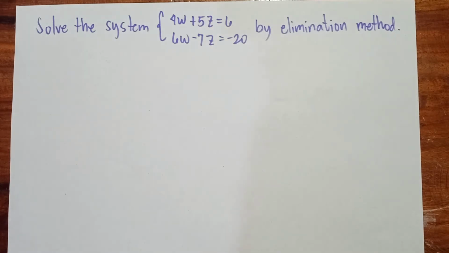Okay. So, we're going to eliminate one of the given variables. So, ikaw yung pipili kung anong gusto mong unang i-eliminate. Yung variable w ba or yung variable z? Okay? So, in my case, I am going to eliminate first the variable w.